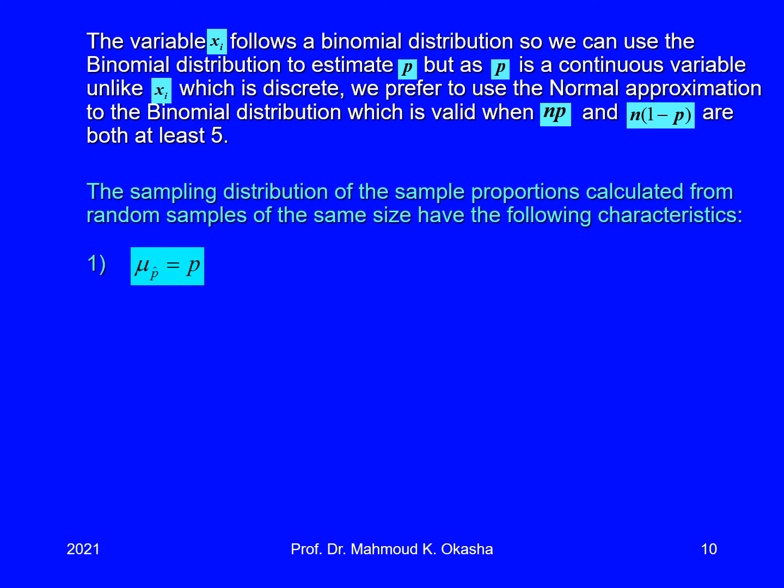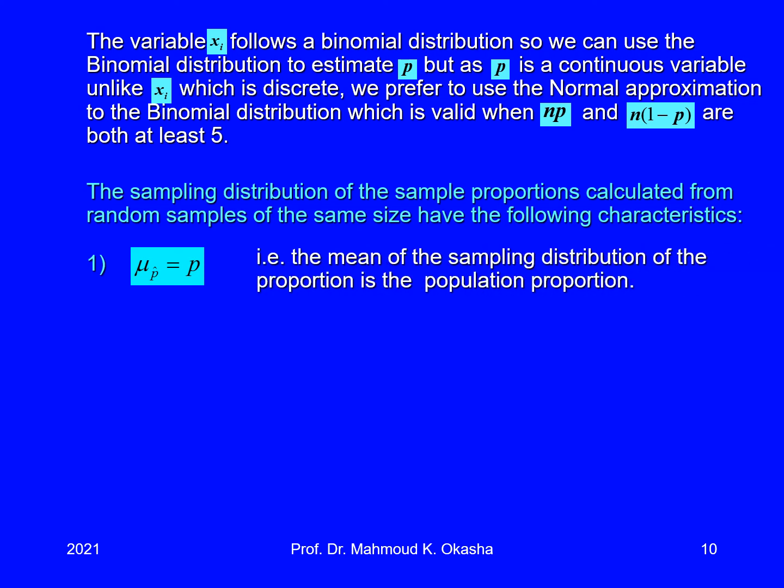First one is the mean of the sample proportions, the expected value of the sample proportion, which is the population proportion P, right? The mean or expected value of the sample proportions equals the population proportion P.